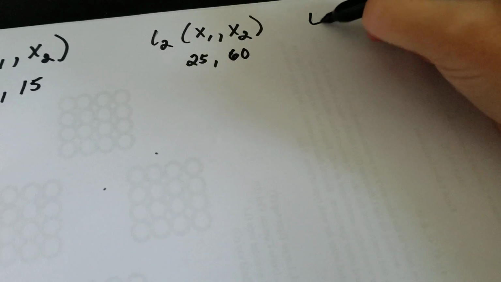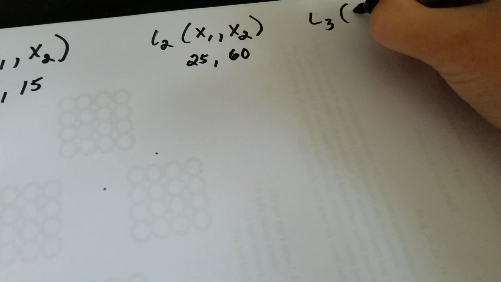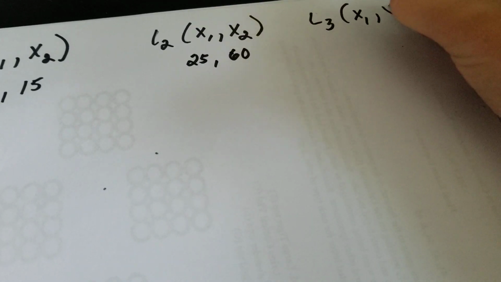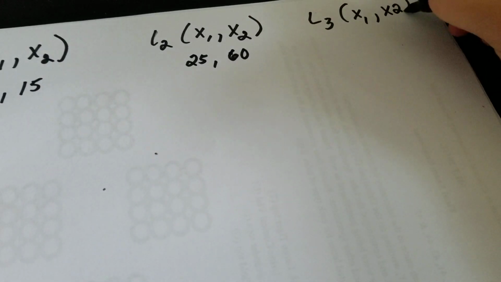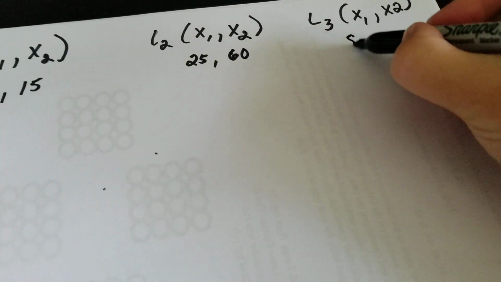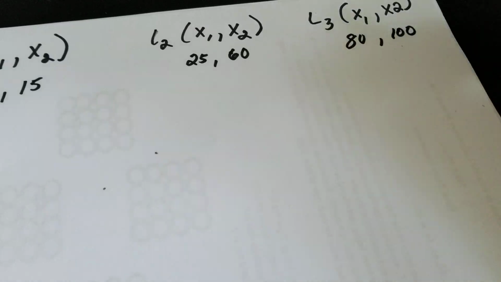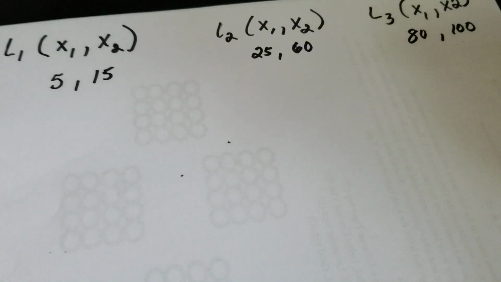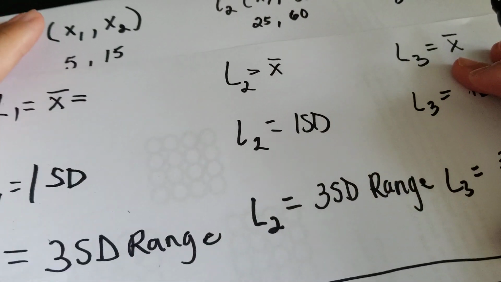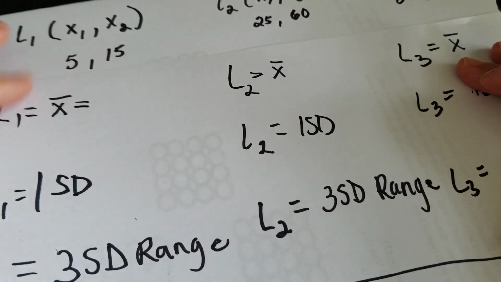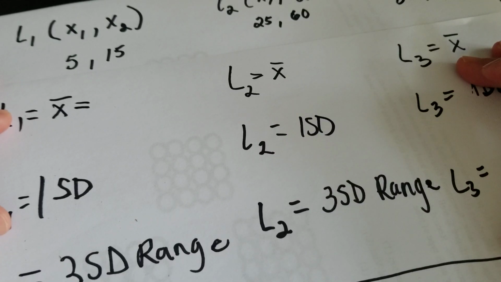And for level 3, X1 and X2. And maybe for this one, it's 80 and 100. Okay, this is just whatever analyte. We're just doing the math for this at the moment. So if we know that that's what a range looks like when we go to calculate it, how do we calculate average?